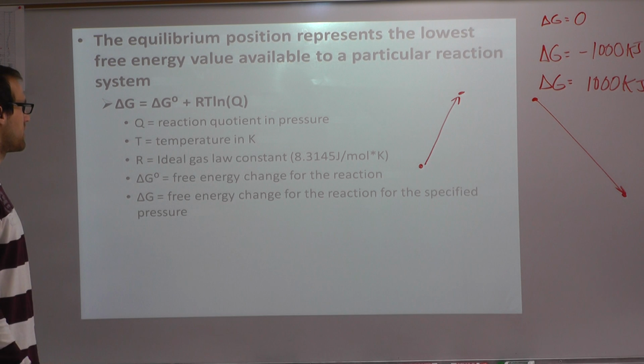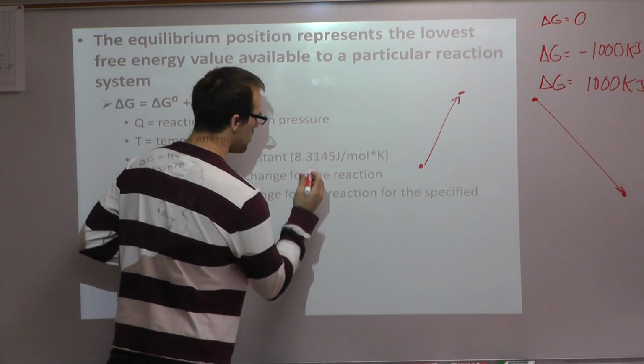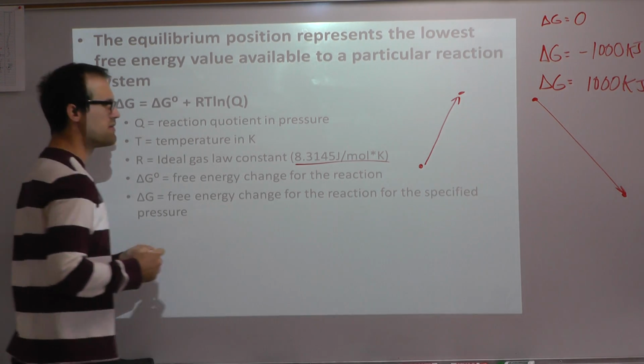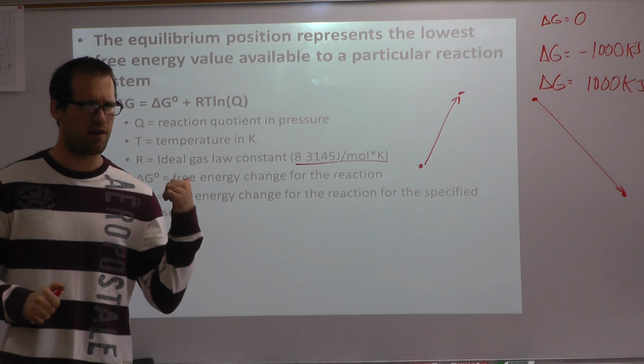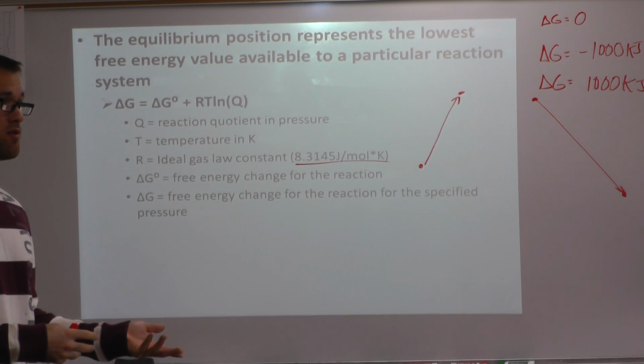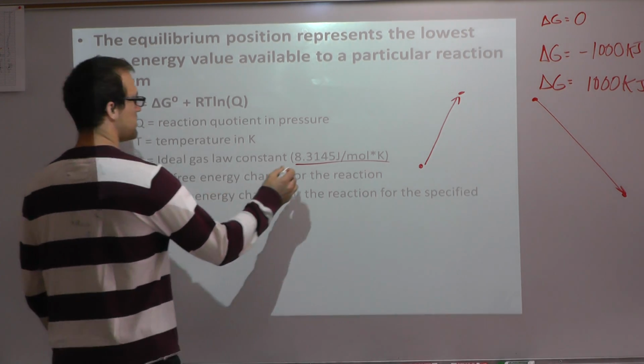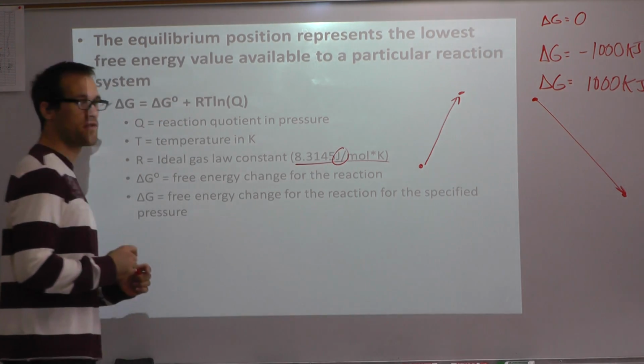Okay, temperature is again in Kelvin, we're pretty familiar with that. I don't know if we've used this R value. Have you guys ever used that R value? We could use the other R value, 0.0821, but this is the R value that has energy in it, so that's why we're using that one.